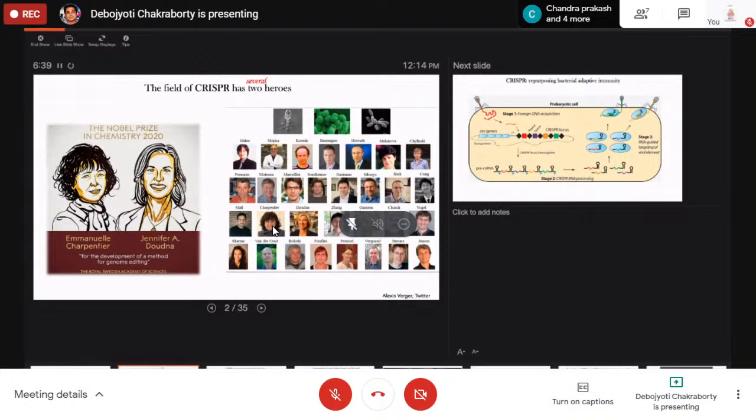Feng Zhang is from MIT, and two photographs to the right is George Church from the USA, who around the same point in time showed that it is possible to take this CRISPR-Cas9 system and put it into a eukaryotic cell, let's say an animal cell, and make targeted genome editing.